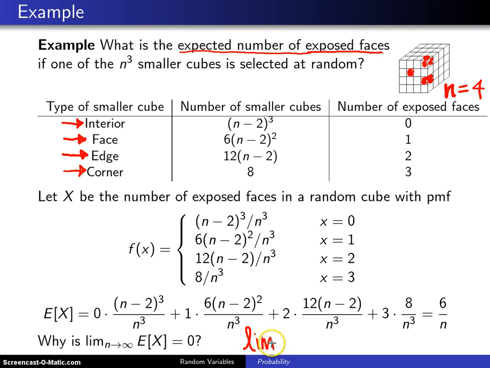If you take the limit as n goes to infinity of your probability, which is right up here, of getting an interior cube, you will see that this right here goes to 1, which means as your cube gets bigger and bigger, your probability of getting an interior cube goes to 1, and that is why your expected number of exposed faces goes to 0.